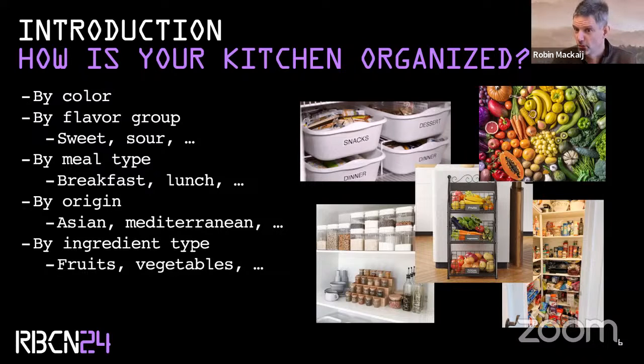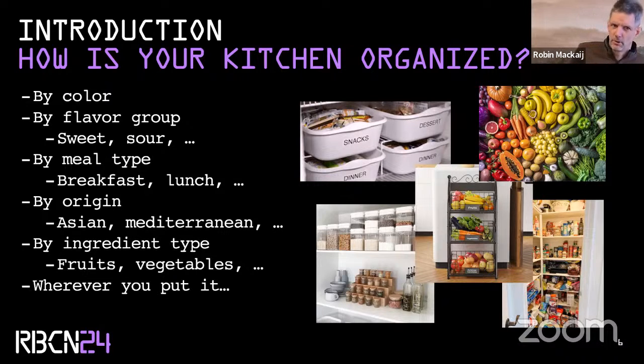Fruits, vegetables, nuts, you could organize like that, or wherever you put it. So we can organize a kitchen, but also your wardrobe or your garage in many different ways.